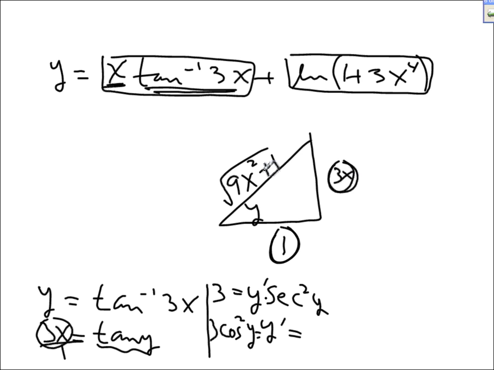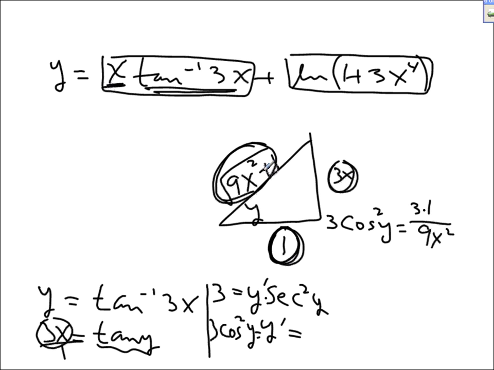On the hypotenuse, you don't subtract anything squared. It's always adding. Okay, so what's cosine? The cosine of y is adjacent over hypotenuse. And if I square it, I get 1 squared, which of course is 1, divided by this squared. And if you multiply by 3, you get 3 over 9x squared.